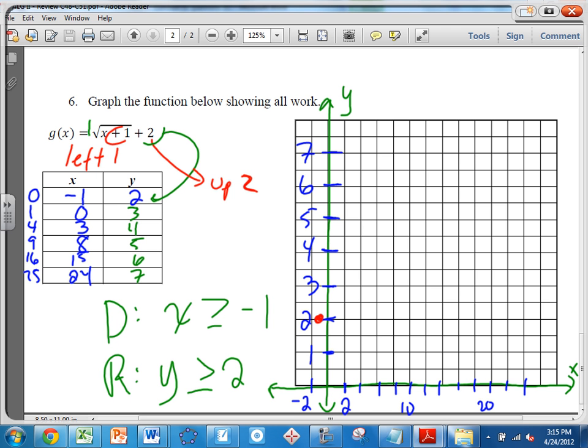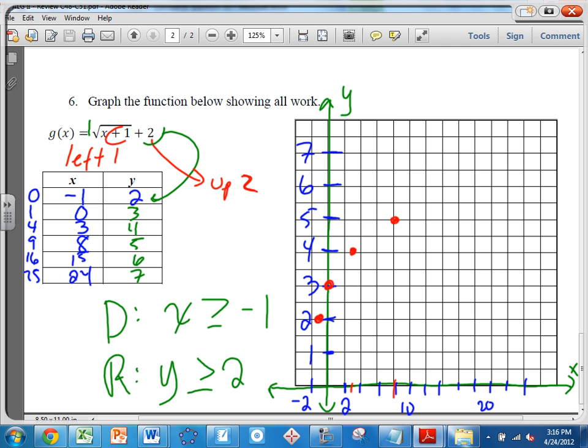After that, I go to 0, 3. Then I go to 3, 4. Here's 2. Here's 4. Remember, these go by 2s on the x-axis. So here's the 3 mark right there. And I want to go up to 4. So I'm going to follow that all the way up to 4. That's right there. Then I'm going to go to 8, 5. Here's 8, and I go up to 5. Then I go to 15, 6.